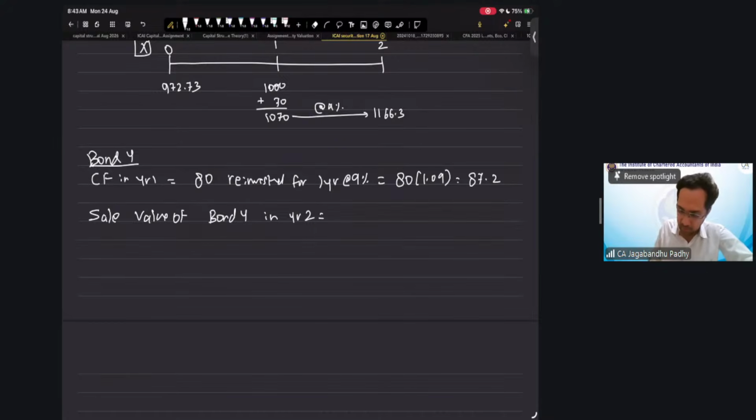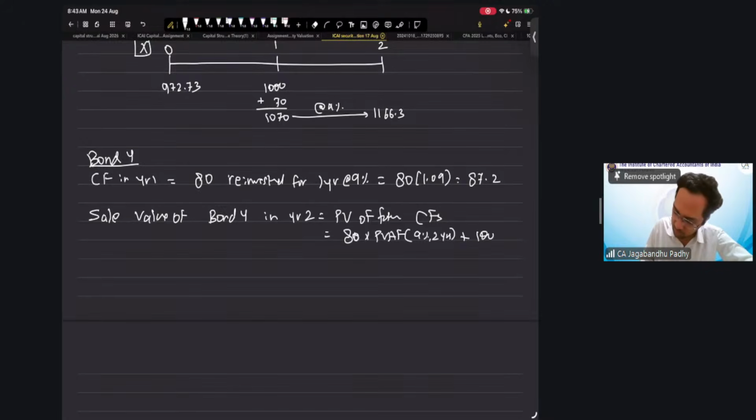So I can get the sale value of this bond by simply taking the present value of future cash flows. Future cash flows are 80 into present value annuity factor at 9% for 2 years plus 1000 into present value factor.